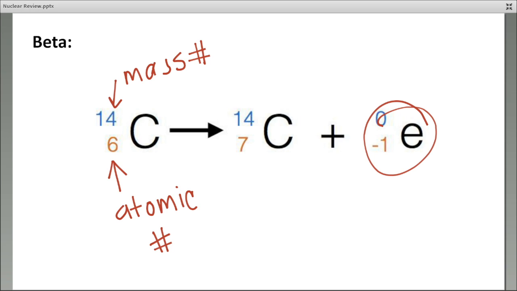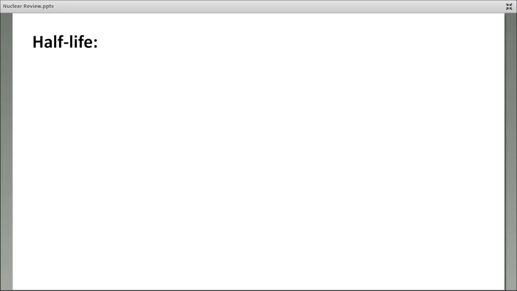It's a mass of 0 basically, because electrons are tiny and they don't really have any mass compared to protons and neutrons. And then the charge is -1, because 6 minus 7 would be -1. So if you saw this and didn't have the beta here, you'd say, oh, -1, an electron, that must be beta radiation. They might give you an equation like this and then ask what type of radiation it is.